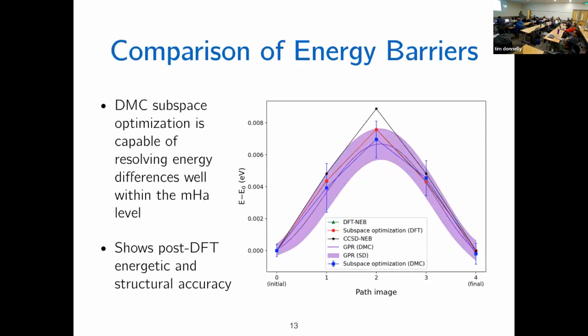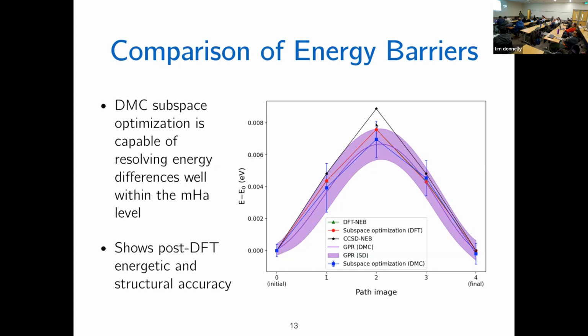So here's what the energy landscape looks like. Again, it's minuscule, less than 10 millielectron volts from the lowest to the highest point. But we can get great energy resolution comparing DMC with coupled cluster. We also do a Gaussian process fit to the DMC points, just so that you get a continuous version of what the energy barrier looks like.